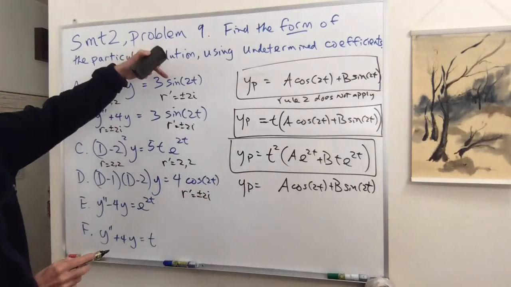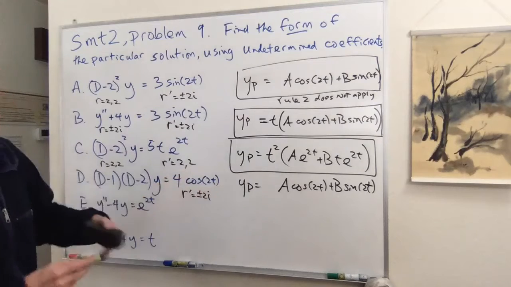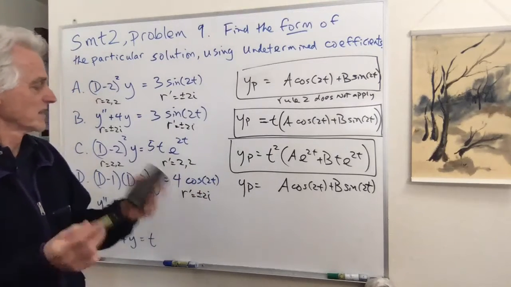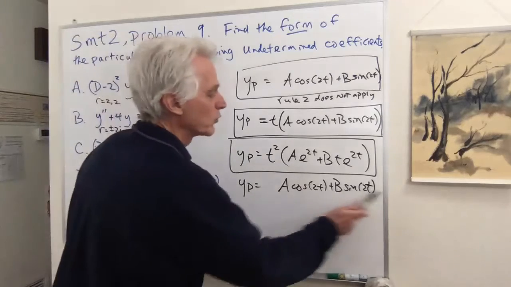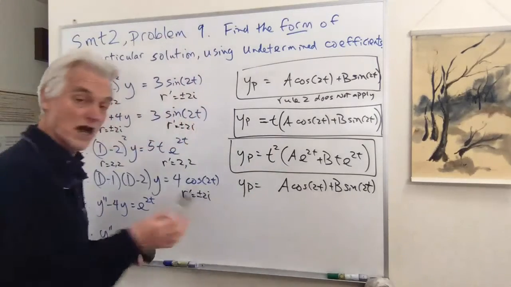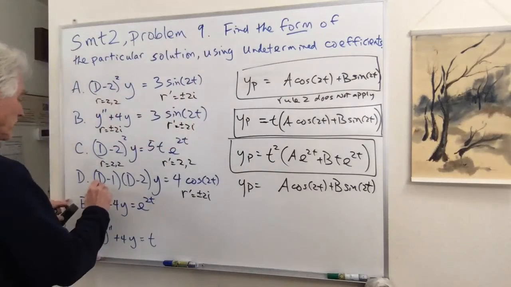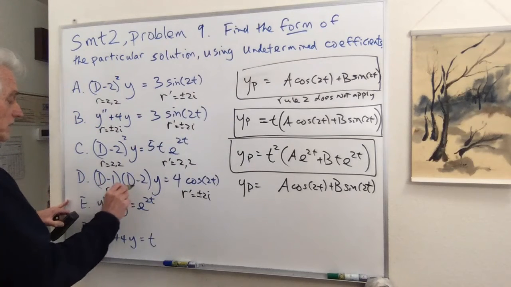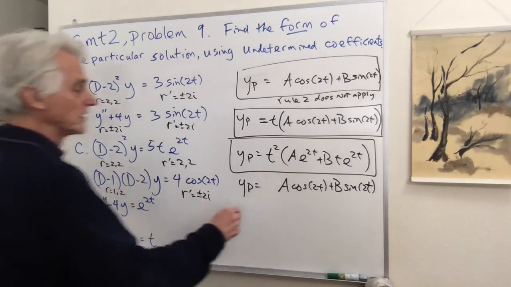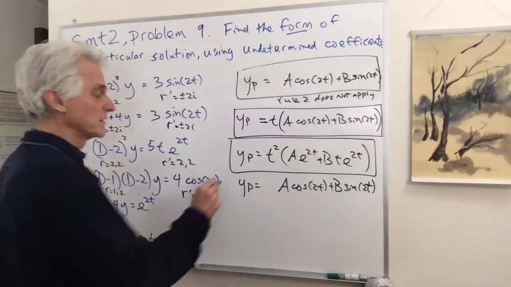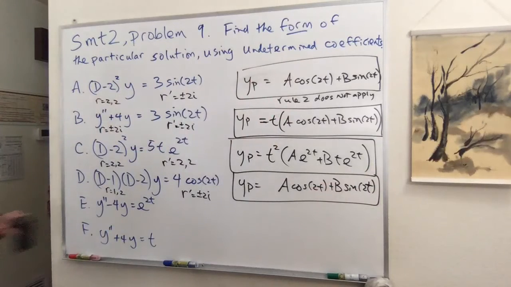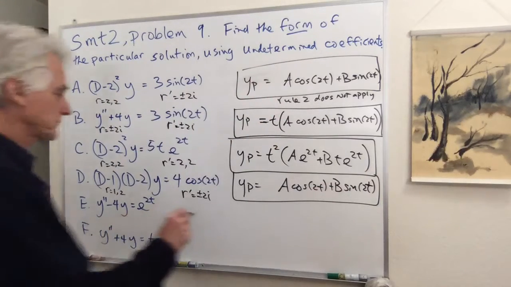So if it's 3 sine 2t or 4 cos 2t or 7 sine 2t plus 5 cos 2t, I still get the same rule 1 guess. Now, do I have to modify that with the rule 2? Well, here the roots on the left-hand side are 1 and 2, no plus or minus 2i, so I don't have to modify it.